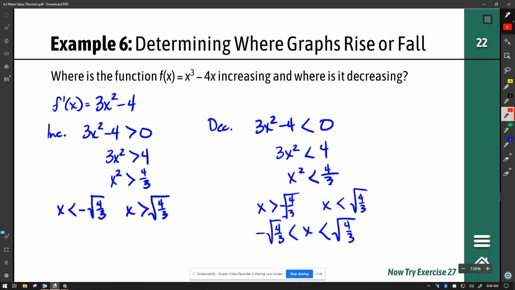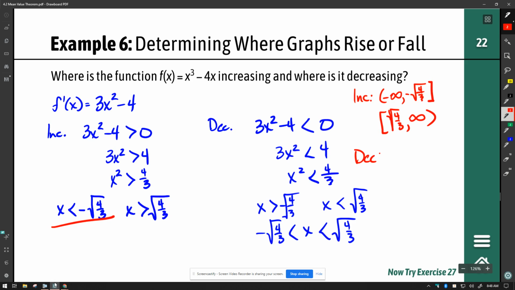So altogether in interval notation, this function is increasing on the interval from negative infinity to negative square root of 4/3, and we'll include that one there. And it's also increasing from positive square root of 4/3 to infinity.